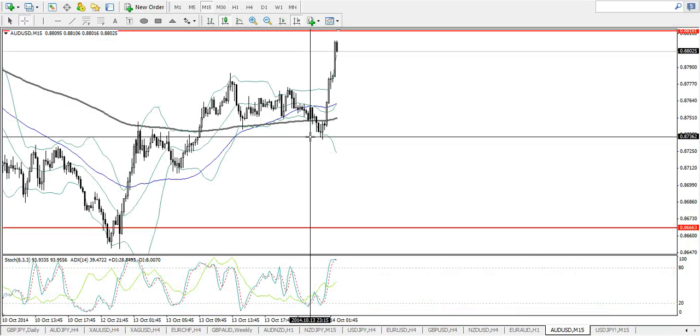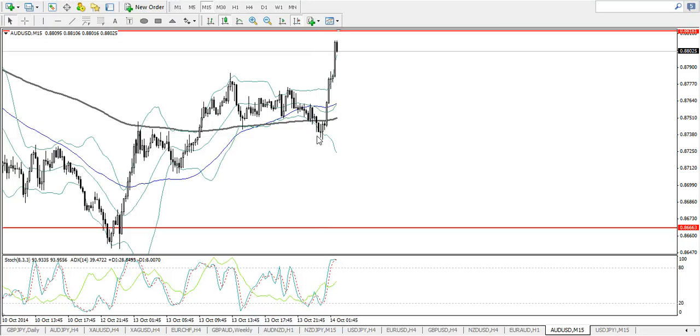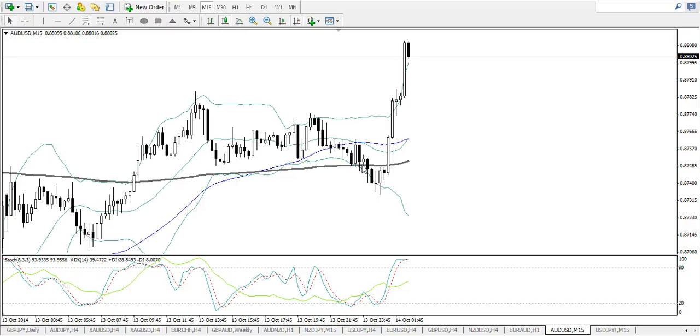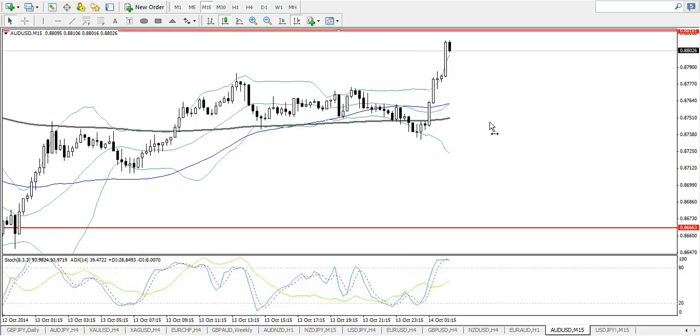This is where the news is being released, over at this area, and price had little change. It did not fall because the business confidence fell. In fact, what happened next is that it resumes to appreciate in the minor trend itself.